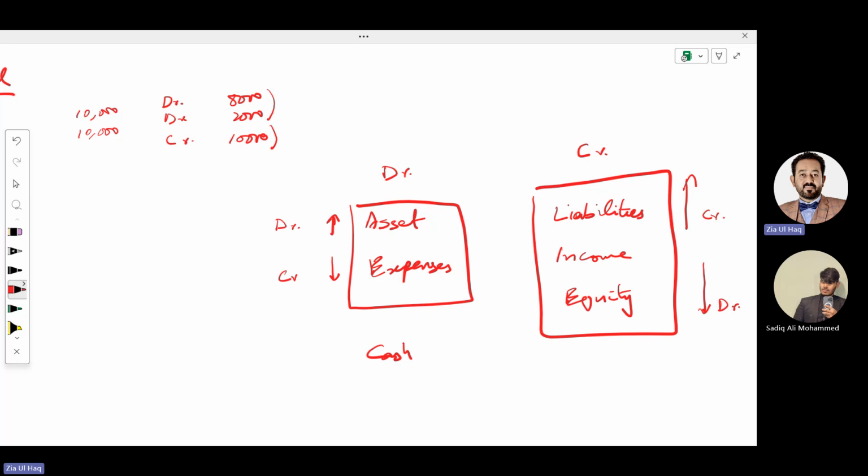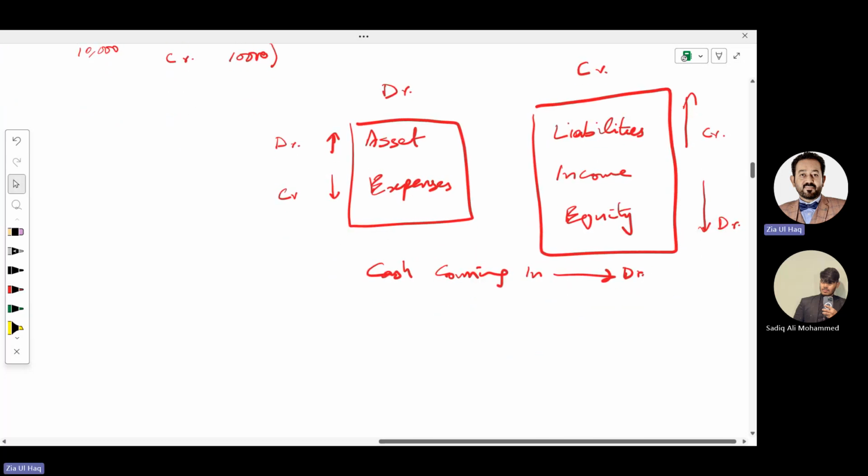Take an increase in cash. If the cash balance is 5,000, we will debit cash with 5,000. If cash comes in, we record it as a debit.